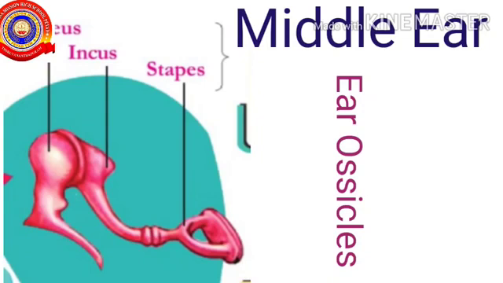The function is it amplifies and transmits the vibration of the tympanum to the internal ear. That means the vibration from the tympanum moves towards the ear ossicles. One peculiarity is there in the stapes. The stapes is the smallest bone in the human body.